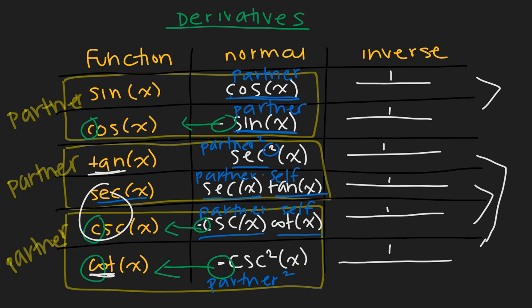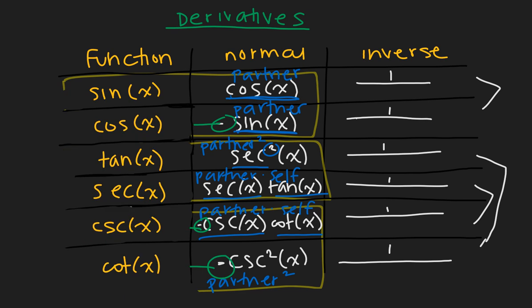So I'm just going to focus on one in each pair, and then you'll see how that correlates with its partner. For sine and for secant, I'm going to be using the sine, the secant, and the tangent.